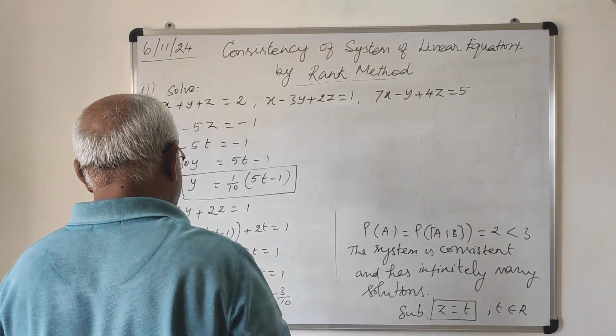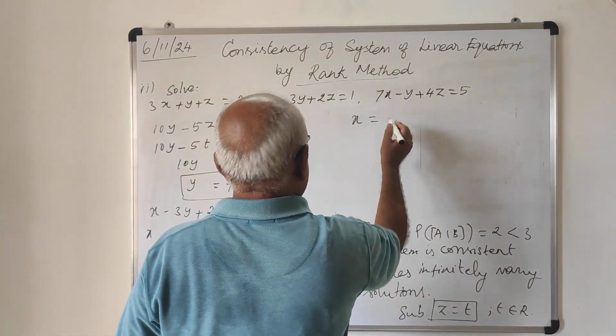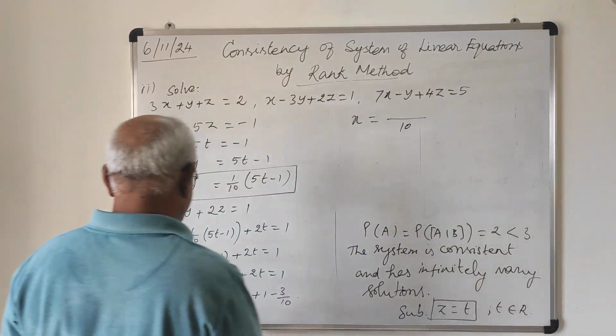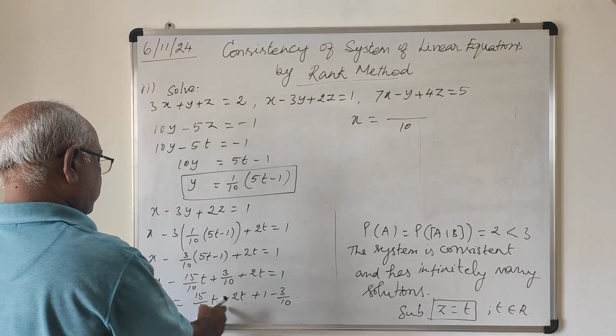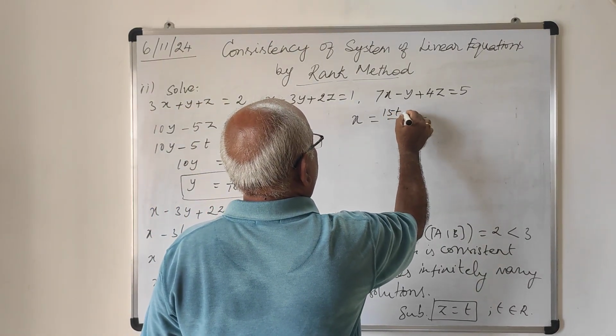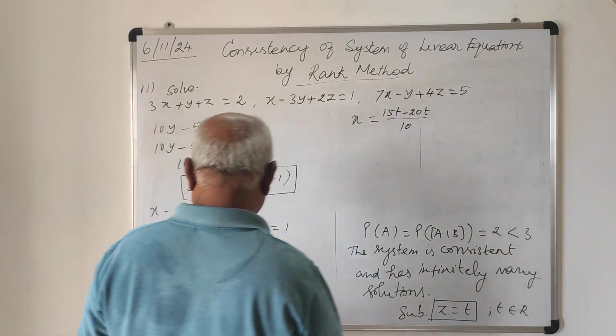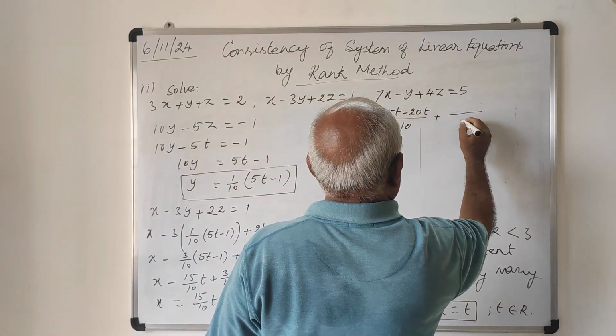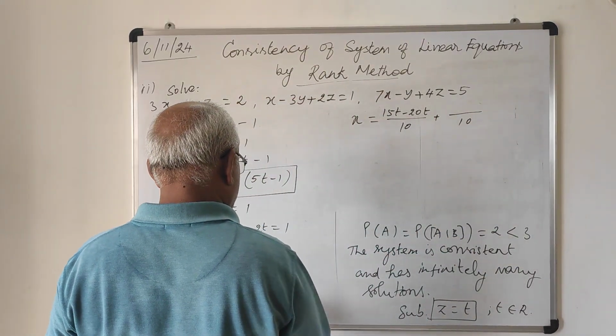So x equals, if you take LCM 10, 15t minus 20t, 15t minus 20t. Similarly, taking 10 as LCM for the constant, 10 minus 3.